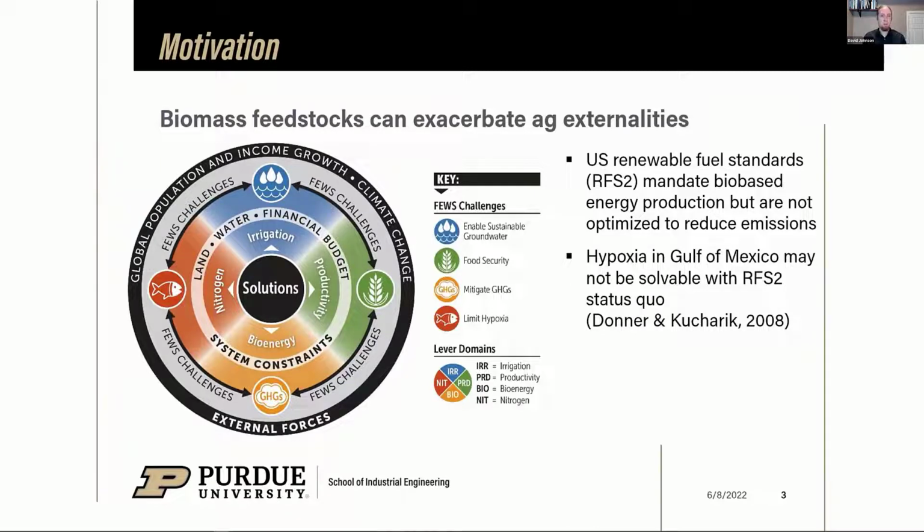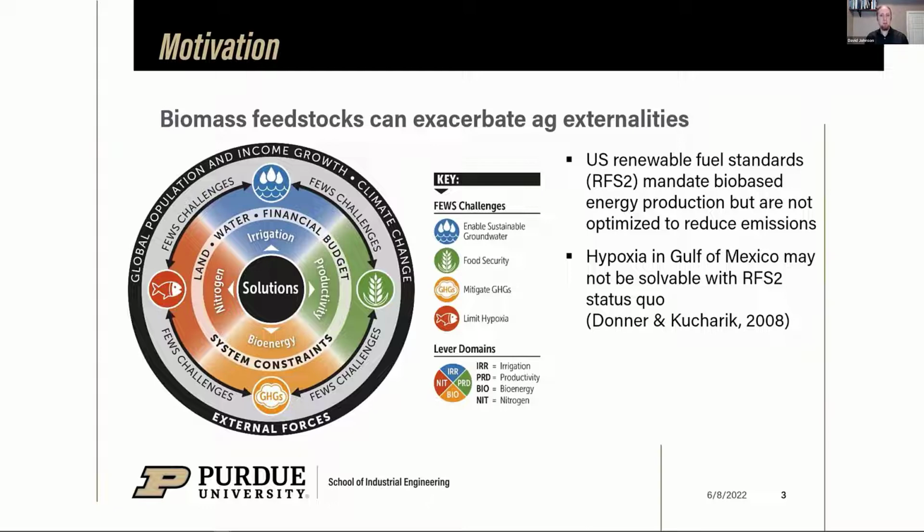There was an interesting, good question earlier about how much emissions actually are reduced by introducing carbon pricing. Having the renewable fuel standards in place does not explicitly target greenhouse gas emissions. It was just assumed that these biofuels have lower life cycle greenhouse gas emissions than the petroleum baseline. And depending on your biomass feedstock and prior land use, that's not always the case, of course.